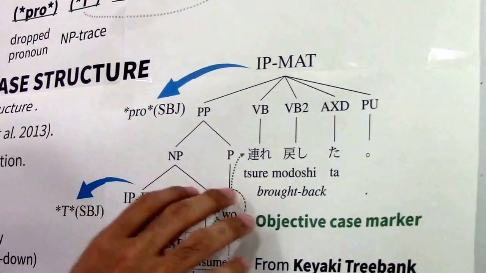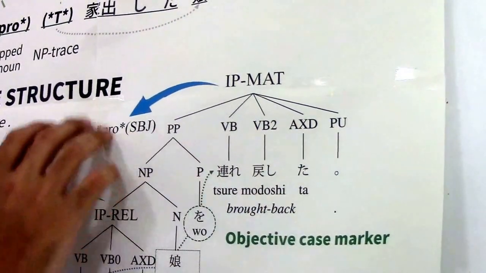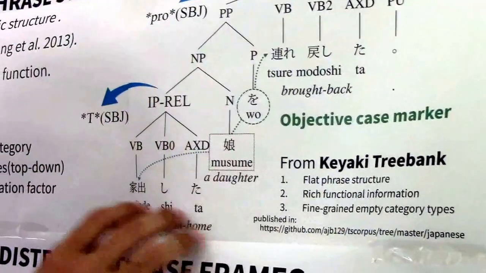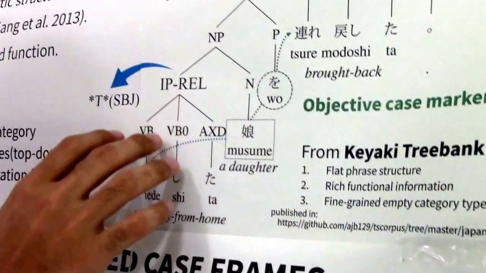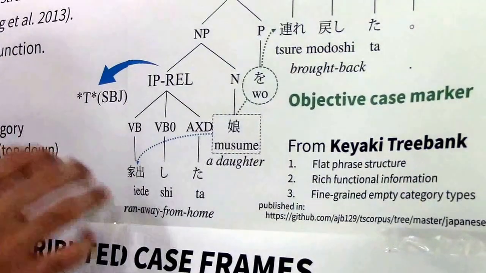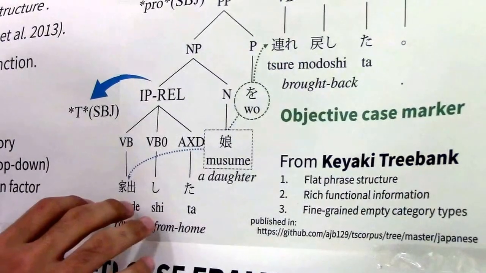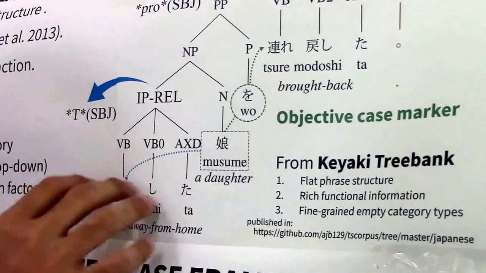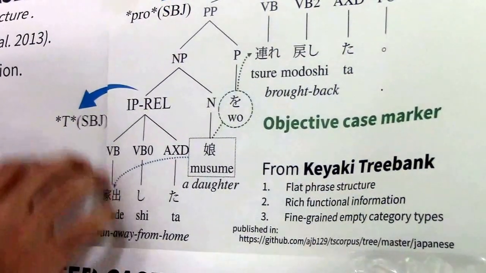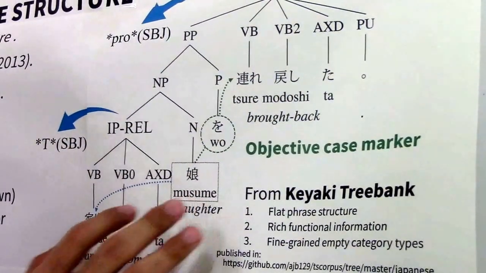This means this phrase lacks a subject pronoun. And next, this node IP rel lacks a trace subject. This means there is an NP trace. In these phrases, musume moves from this node to upper nodes like this.